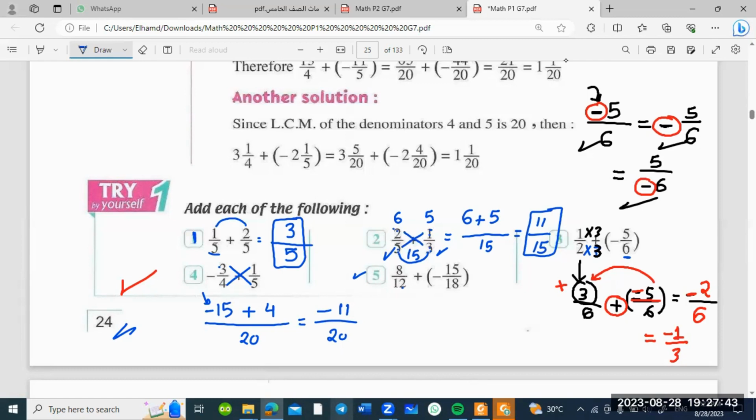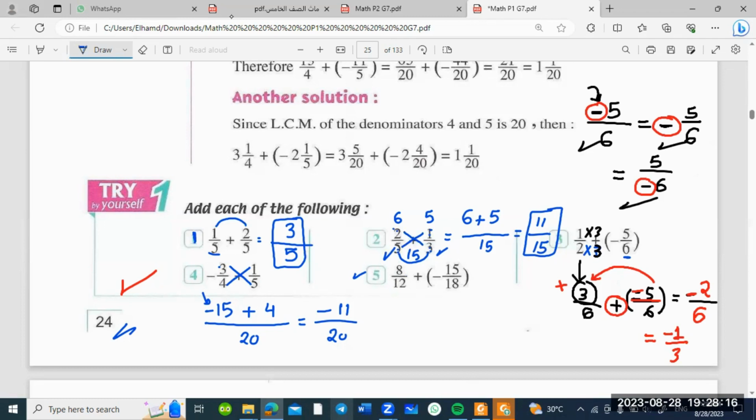For the first rational number, what is the common factor between up and down? Both 8 and 12 are in the table of what? 2, yes, and the table of what else to make it in the simplest form? Which one is better, 2 or 4? 4, of course, because we need it in the simplest form.